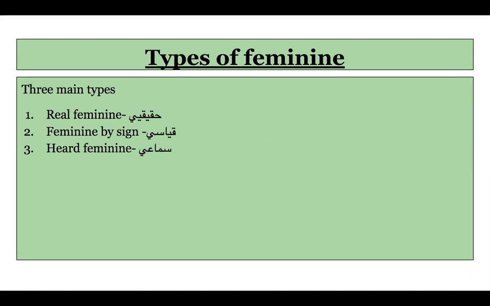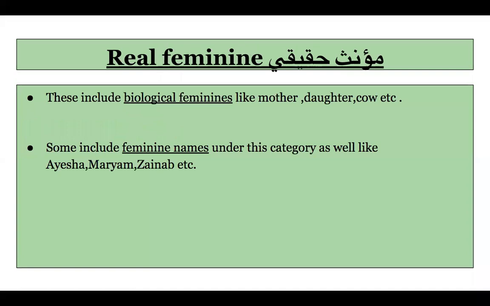Okay, so the word is real feminine when something is biologically feminine, like mother, sister, cow. This category of real feminine also includes your feminine names, like Aisha, Maryam, Zainab. There's no doubt about them being feminine.